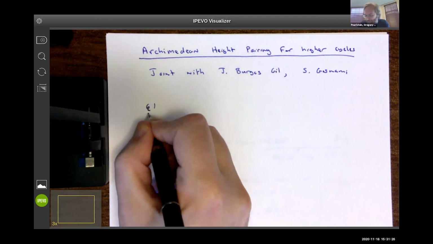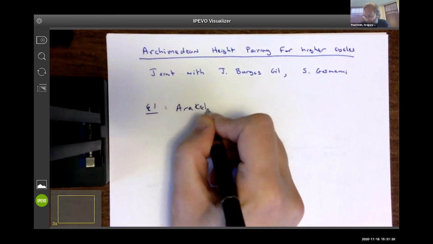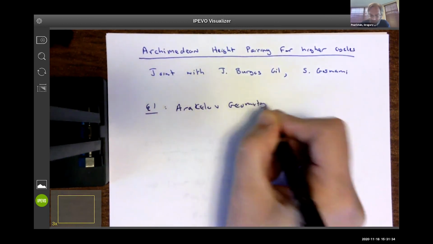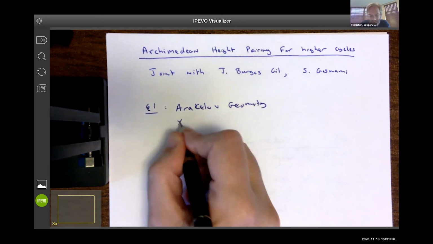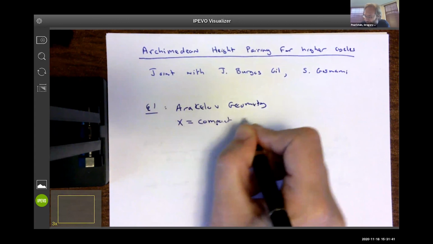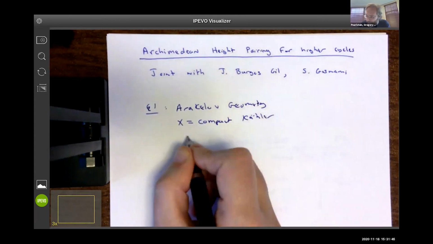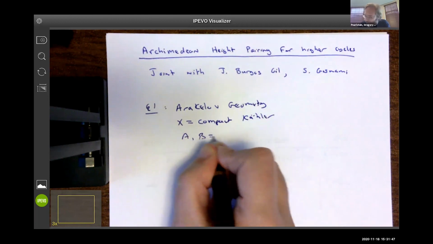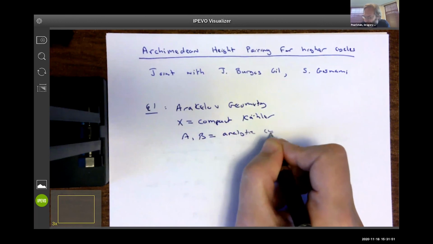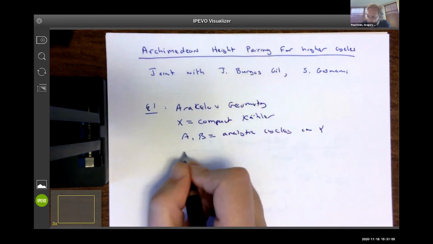Okay, so the first part of this is just some background on Arakelov geometry. We let X be a compact Kähler manifold. We let A and B be analytic cycles on X, and there are some conditions.